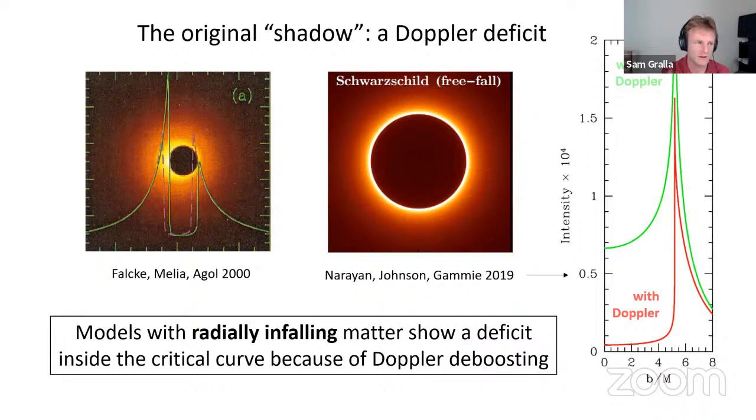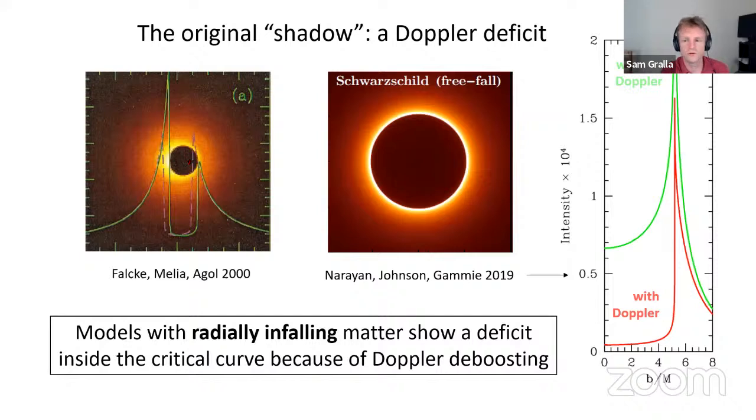So the first paper that coined the term shadow considered radial infall. The matter is infalling, and the hole that you see is caused by redshifting. It's caused by the fact that all the light that would have arrived to you inside this critical curve would have been emitted opposite to the flow, and therefore is dimmed.